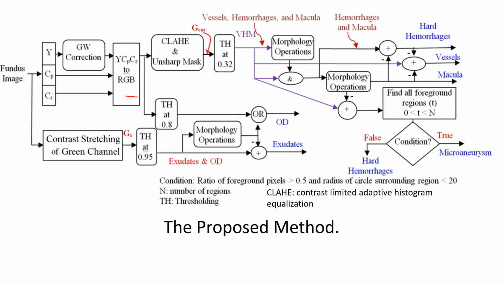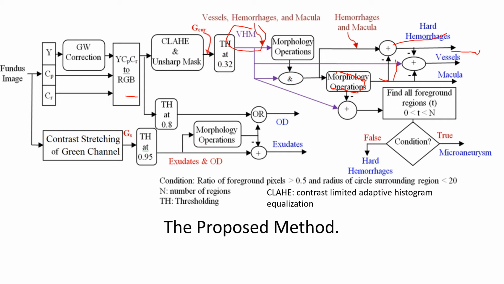Then we subtract the image resulting from the previous stage after applying morphology operations, and that gives me the hard exudates. Then we can add the result of hard hemorrhages to the resulting image, VHM, which contains the vessels, hemorrhages, and microaneurysms added together, minus the result from the morphology operation here to resolve the vessels.